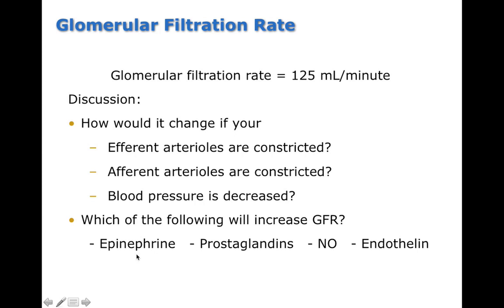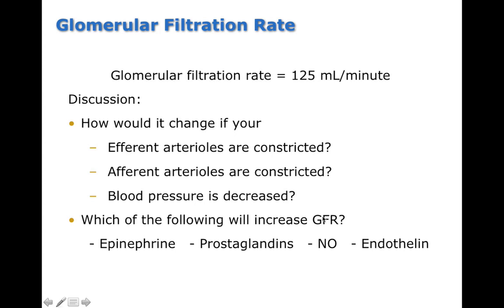And if you vasoconstrict in the periphery, that's going to increase blood pressure, which should increase GFR. Prostaglandins, we talked about, were vasodilators. Same with nitric oxide. Now, if you vasodilate in the peripheral arteries, that would decrease blood pressure and decrease glomerular filtration rate. And then endothelin is also a vasoconstrictor, so this could actually increase GFR.